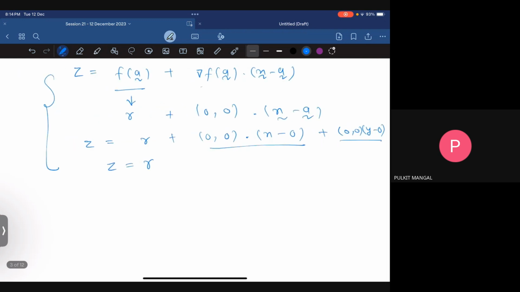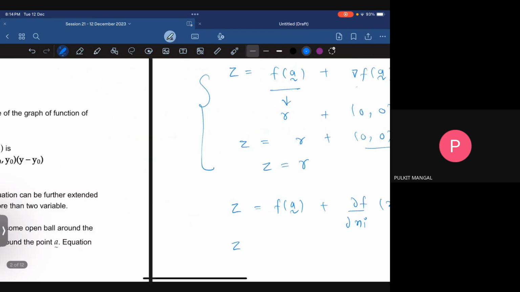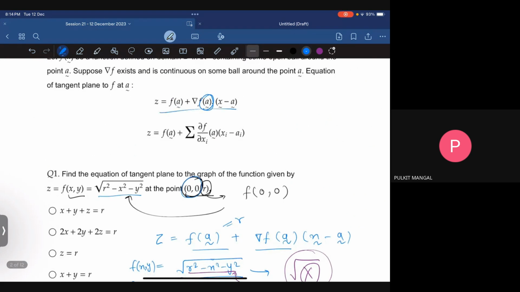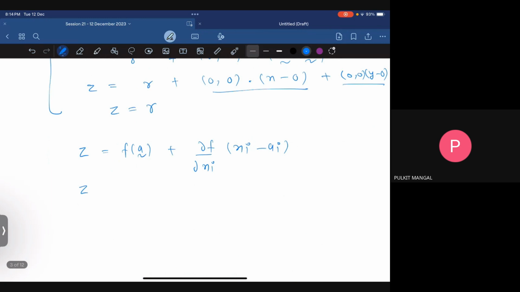Either you can go by this, or you can write it in this form, that is x_i minus a_i. That was the second form, and this was the first form; these were the same.